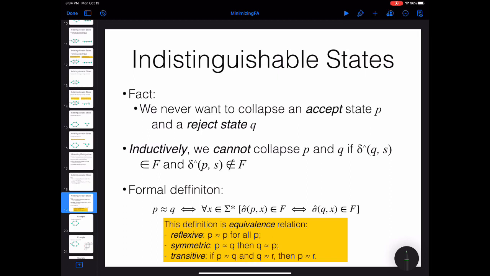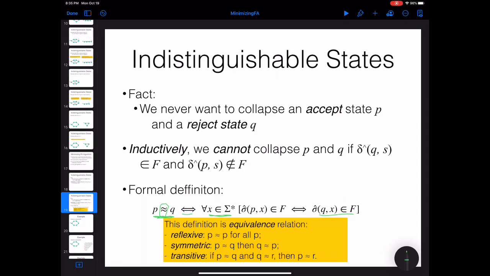We would call P and Q indistinguishable or equivalent, and we show it using this math term, if and only if, this is exactly the definition, for every possible string, if you start from P and read a string X and reach a final state, then from Q, by reading the same string, you also reach a final state.